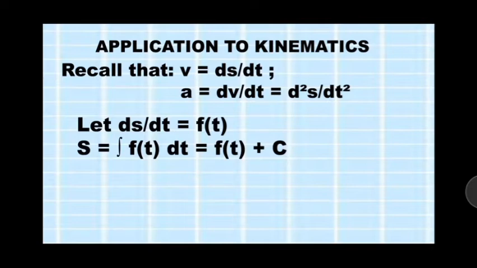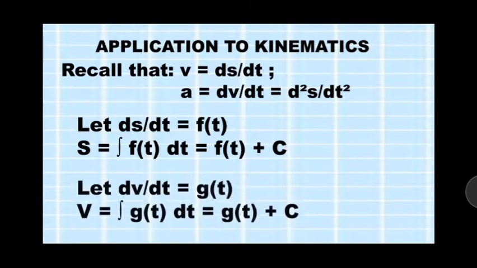So if I integrate, I will get the original thing I differentiated. So if I integrate ds/dt, I have s, which is the integral of f of t dt. So all we are saying is if I integrate ds/dt, I have s. Then you will always add your plus c, which is the arbitrary constant of integration.